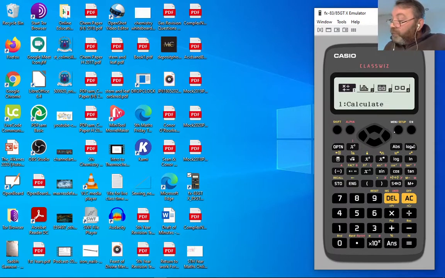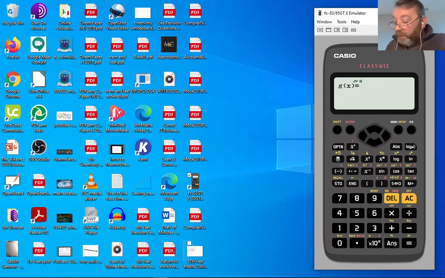So your menu, you look for your table, and your table is number 3. So we're going to go to number 3, and the function I want to use here is x, so it's alpha x, the little red x, so alpha bracket, minus 2 to be squared. Okay, so that's the function I want to use.